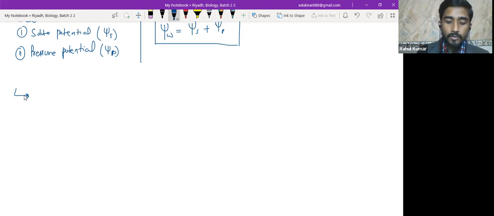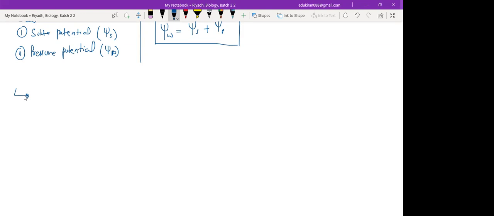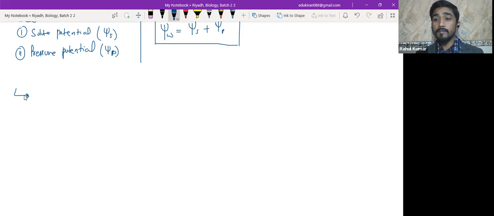Whenever we add any solute to anything, what happens? It decreases. Yes, why does it decrease, Maria? Why do you think it decreases? Because the solute increases. Yes, so that was one way I asked you to remember it. When solute increases, solute potential increases, water potential decreases, correct?